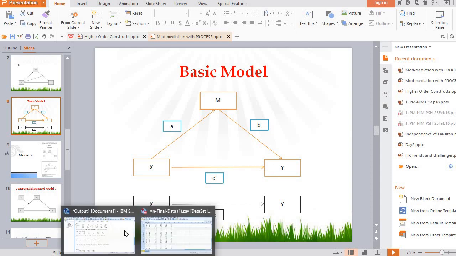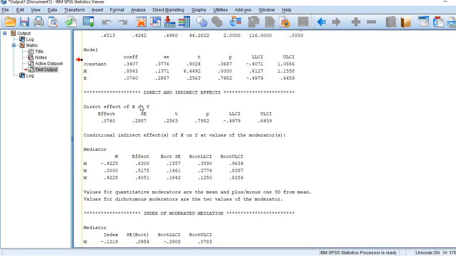So here is the C prime, the direct effect. If you see, the direct effect is statistically non-significant.